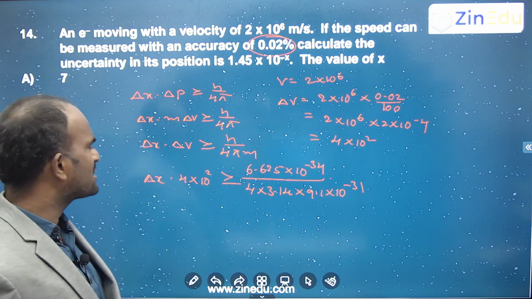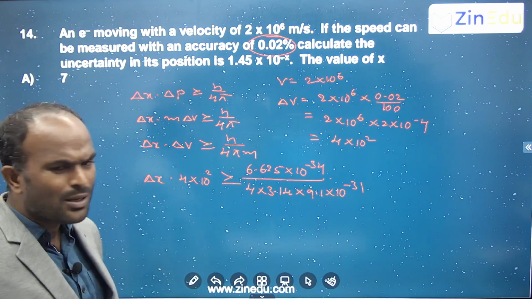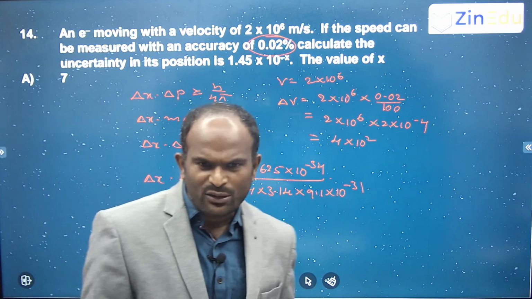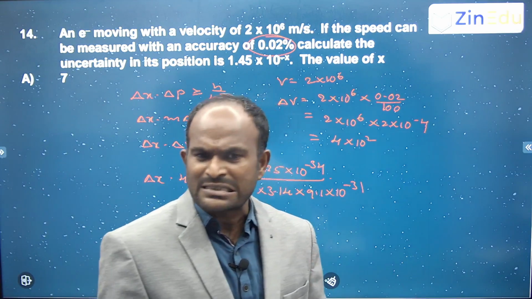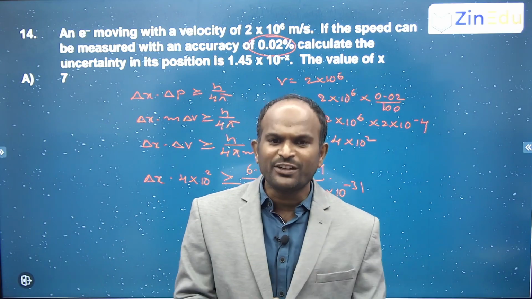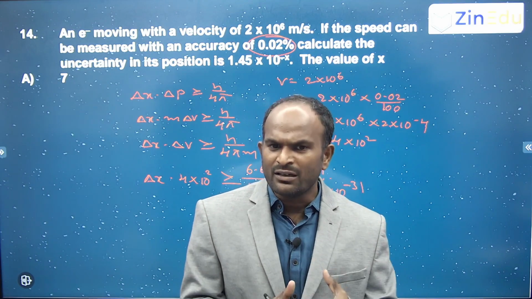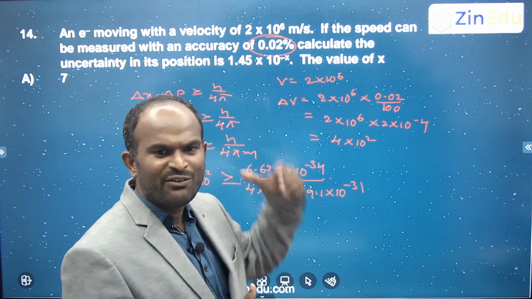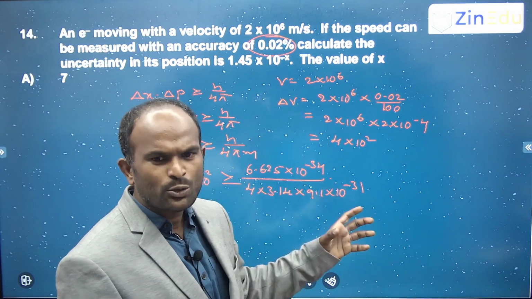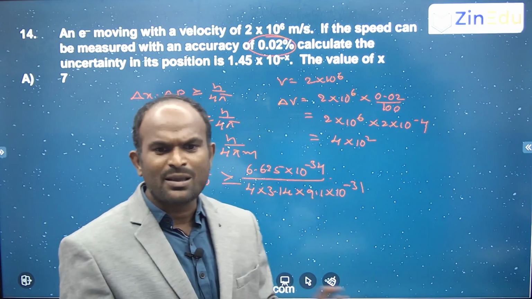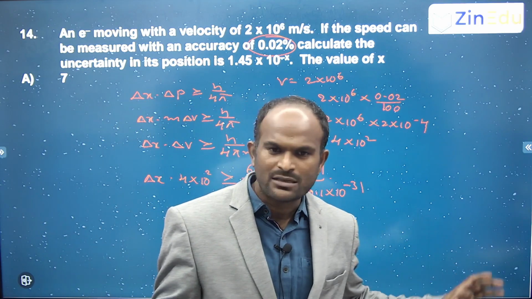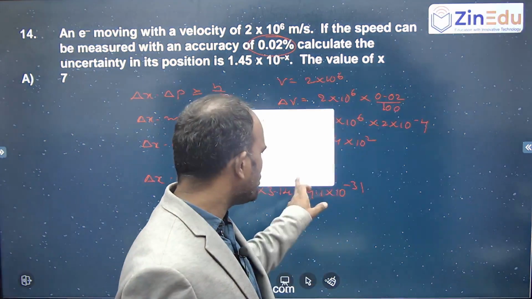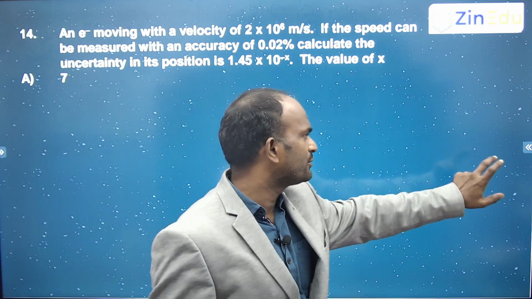When we calculate this, we get the uncertainty in position. It's a little lengthy calculation. Apart from the calculation, there is nothing else in the problem. Every piece of data evident in the question, we just substitute in the formula. So that ends the matter for this question. The only thing is calculation, so you just go through it.